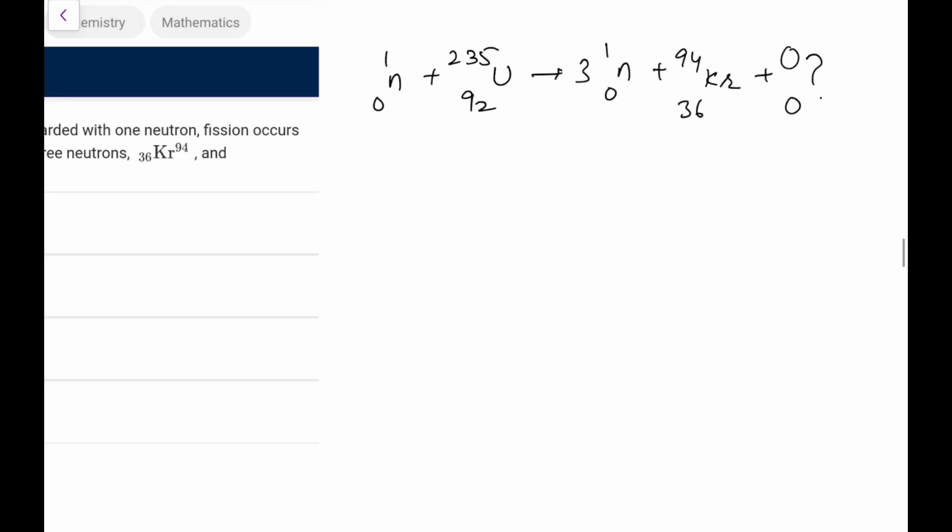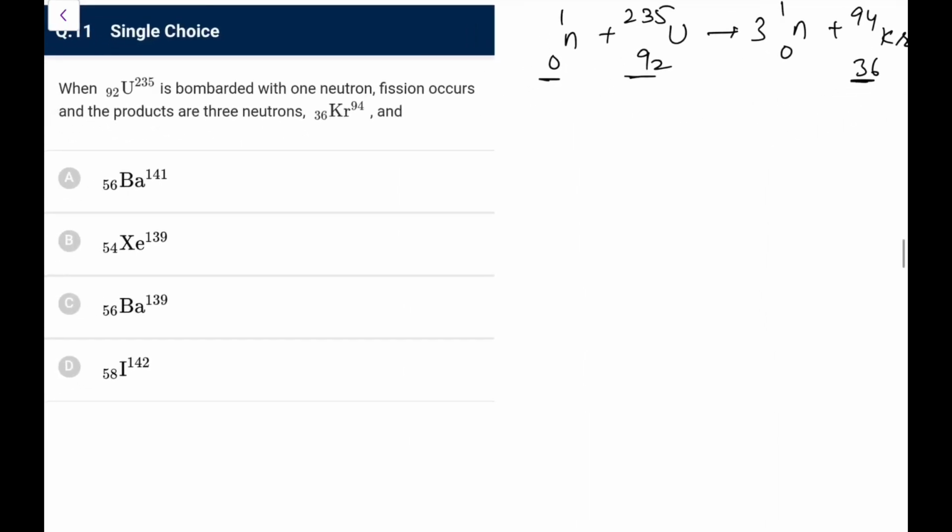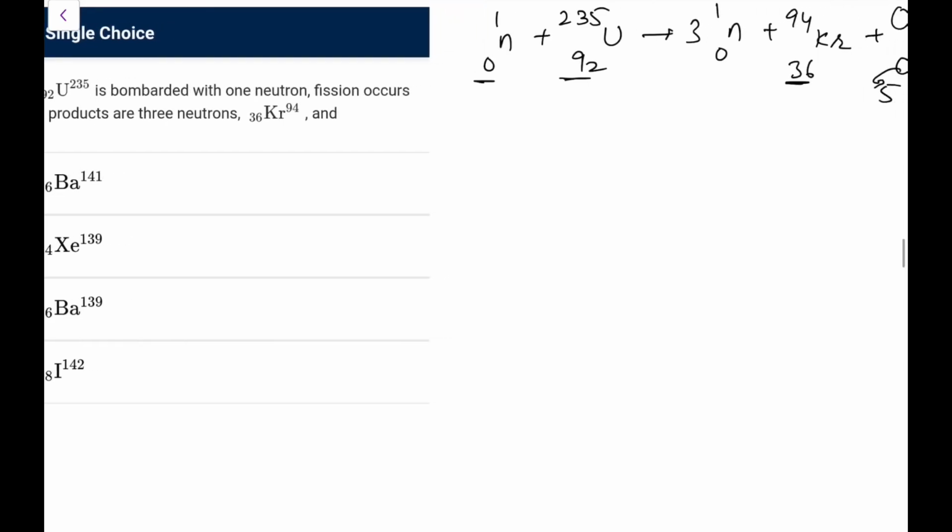So what would be these two numbers? We know this is the conservation of charge, so this is 92 here and 36 there. 92 minus 36 is 56. So this number is 56, and we are left with two choices.